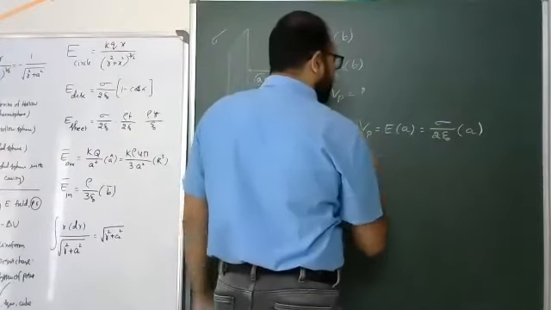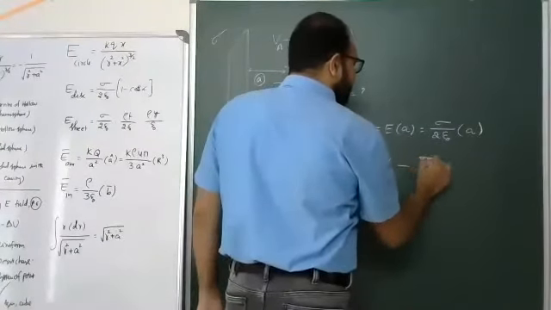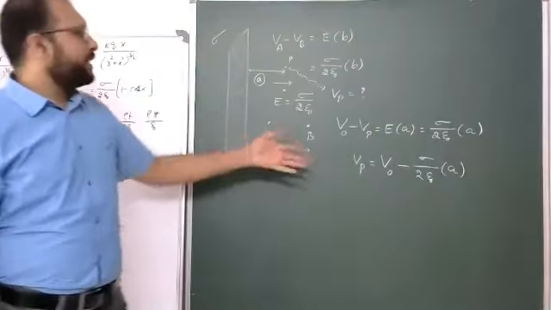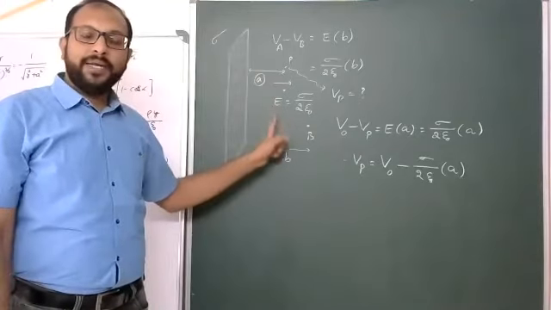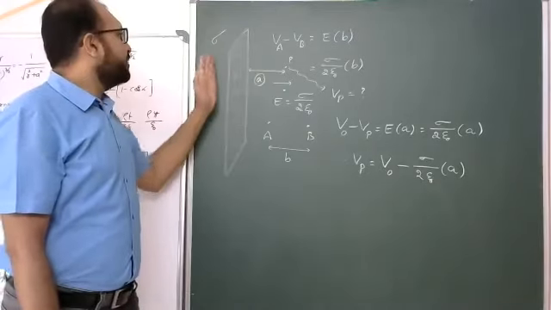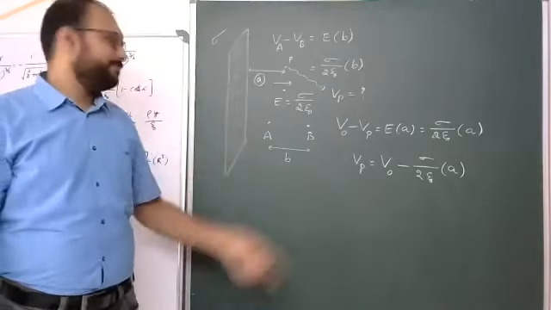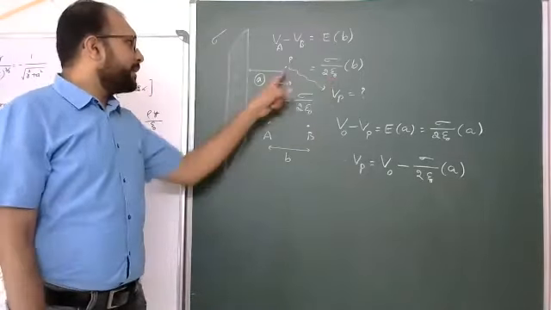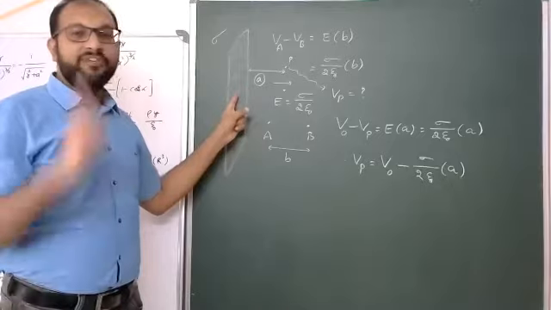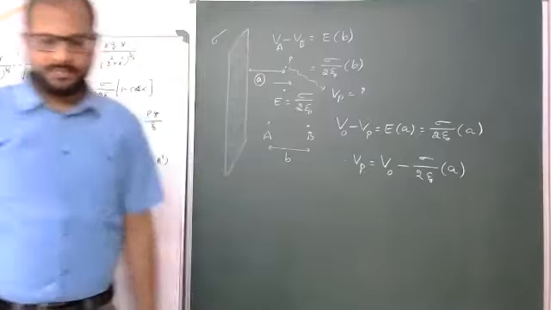Therefore, the potential at point P equals the potential on the surface of the sheet minus sigma by 2 epsilon naught into small a. So students, this is a potential difference between 2 points due to the electric field of a uniformly charged, large thin sheet. But for a particular point, first we need to consider the potential on the surface as V naught. So V naught minus sigma by 2 epsilon naught into small a. Come and take that first.